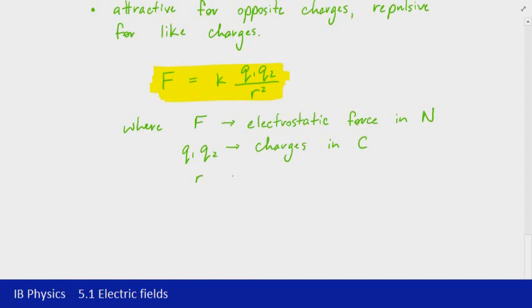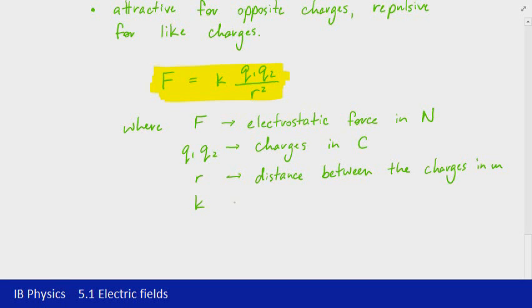R is the distance between the charges, and when we're talking about objects, it's really the distance between the centres of the objects. So when we're talking distance between, just keep in mind that it's always going to be between the centres, but I'm just going to write the distance between the charges, and that's in metres.